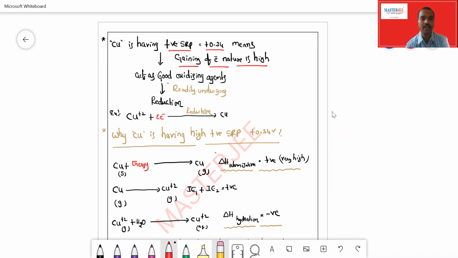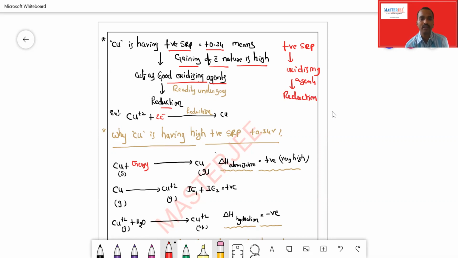That means it readily undergoes the reduction process and acts as a good oxidizing agent. Once again, those with positive SRP values act as good oxidizing agents and readily undergo reduction. You have to remember these things.